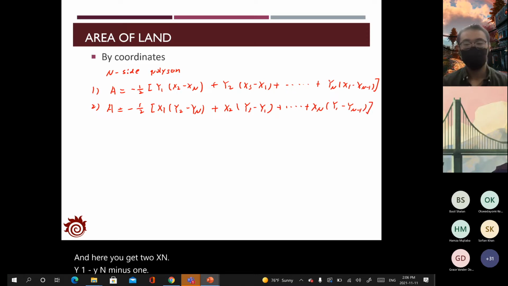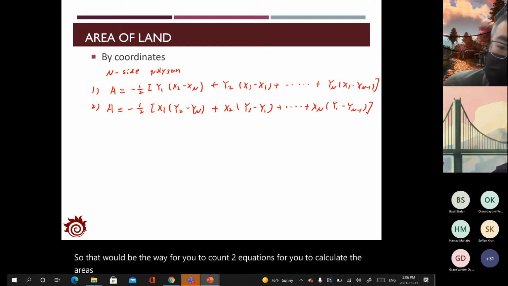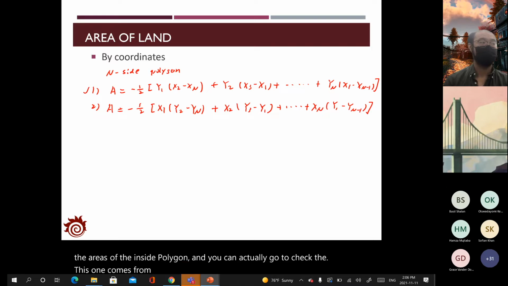So that would be the two equations for you to calculate the area of the inside polygon. This one comes from the calculation with the x-axis, and this one comes from the calculation with the y-axis.